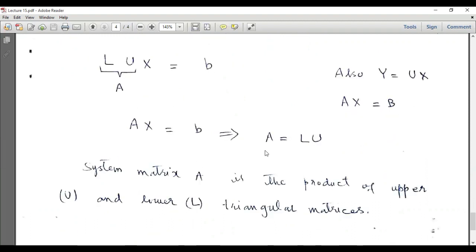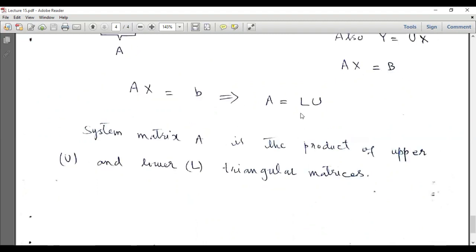So this phenomenon is called LU factorization or LU decomposition, and by this procedure we can transform any system matrix to a lower and an upper triangular matrix. So A matrix can be decomposed into a lower triangular matrix and an upper triangular matrix. And when you multiply these two matrices, you must get the original A matrix. So the system matrix is the product of upper and lower triangular matrix.